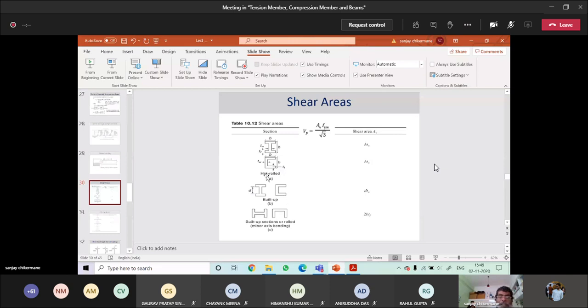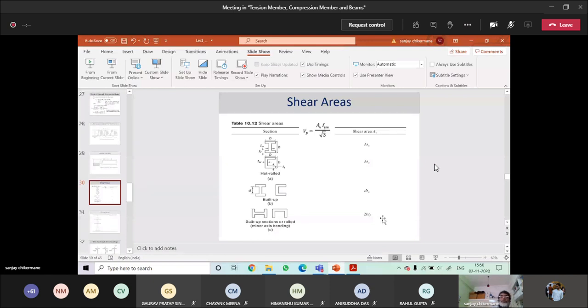And for a built-up section, it is not the total length, it is the length between the two flanges, because these two places are welded together, so you do not assume that it acts like a continuous system. So for that, it is just D times TW. Or in this case, 2B times TW.